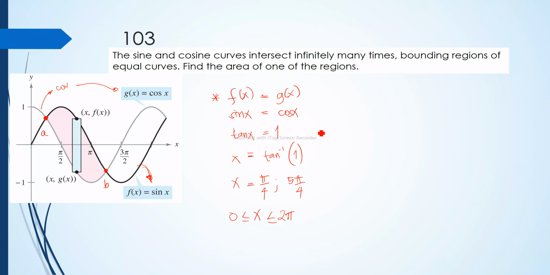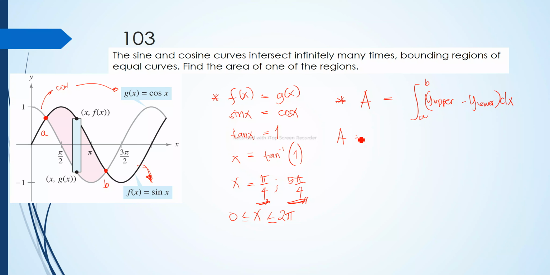Since this is a trigonometric function, remember to always use radian mode in your calculations. So this is our lower limit, and this will be our upper limit. We just get the area of the curve, which is the integral of y upper minus y lower dx from a to b.